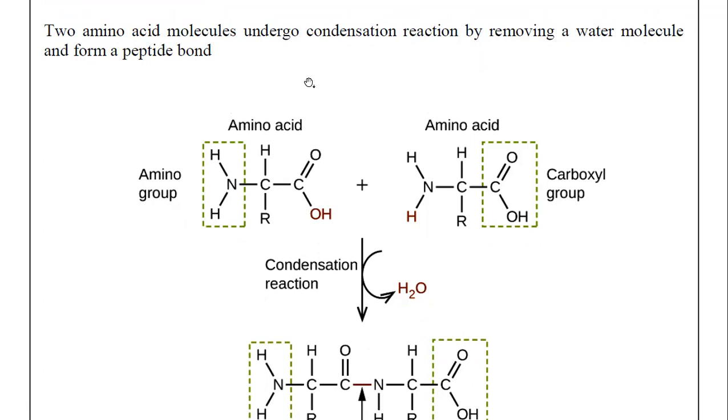In an amino acid, there will be five separate portions we can identify. This is the carboxyl group. This is the amino group. They are the ones involved in making the peptide bond.